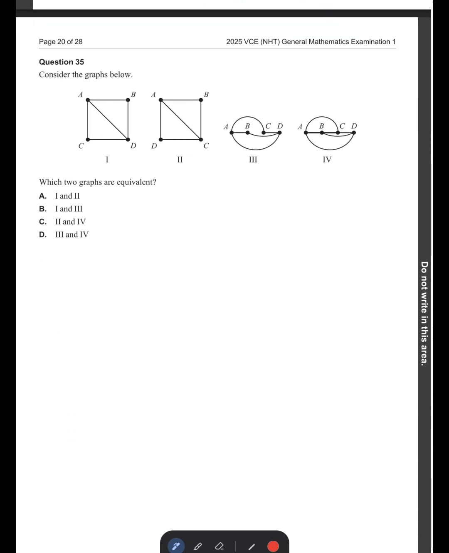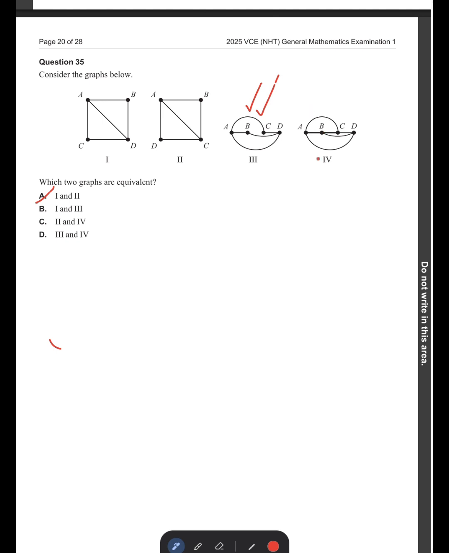Okay, so consider the graphs below. Which 2 graphs are equivalent? All right, so we're just looking at which ones match. So it's definitely not 1 and 2. So A goes to B and D and C. All right, so that didn't help us. Now B goes to A and D. Yep.